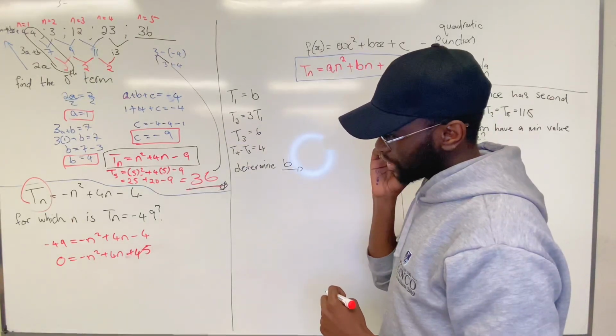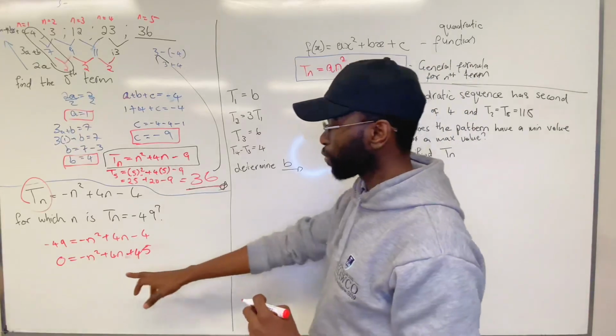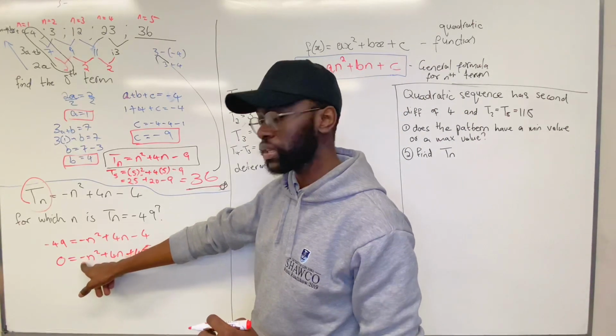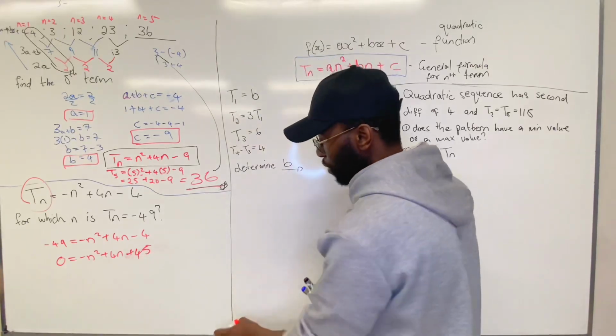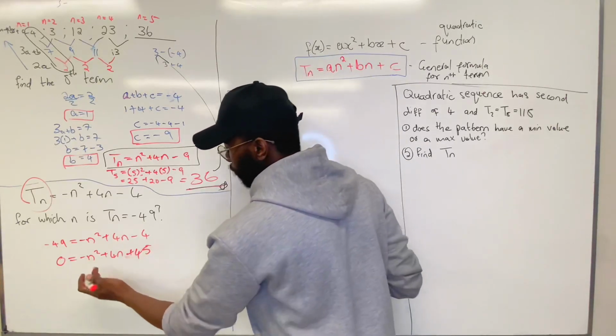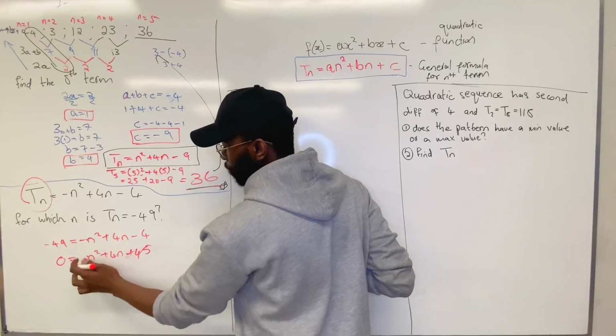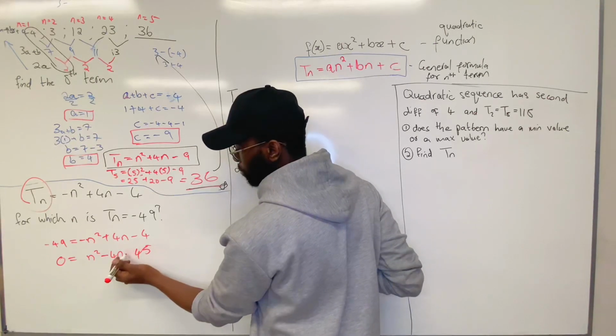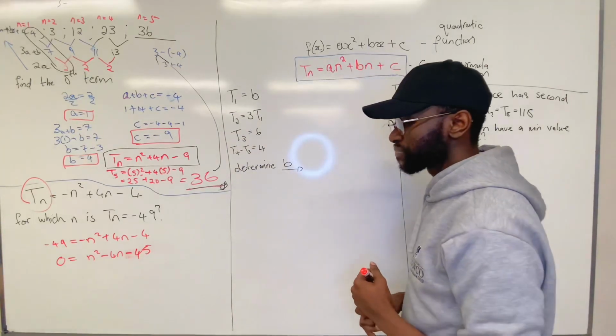Now, to make it easier for myself, I'm going to multiply each term by negative so that my n squared here becomes positive instead of staying negative. So if I multiply by negative, this will become positive, this will become negative, and this positive will become negative.